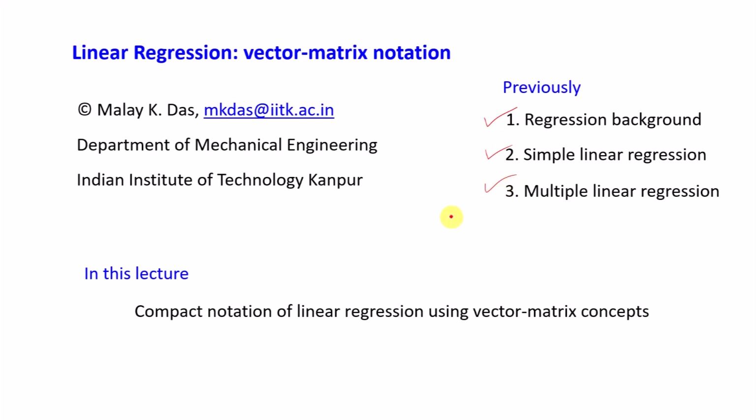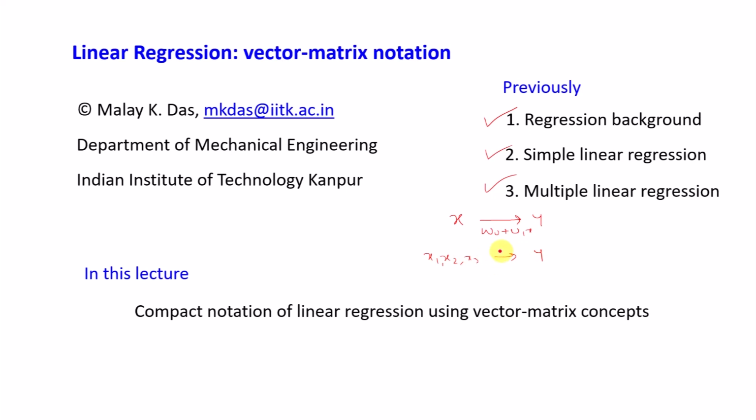In simple linear regression, we have one regressor connected to one response, and they have a linear relationship. In multiple linear regression, you have multiple regressors connected to one response, and they still have a linear relationship.